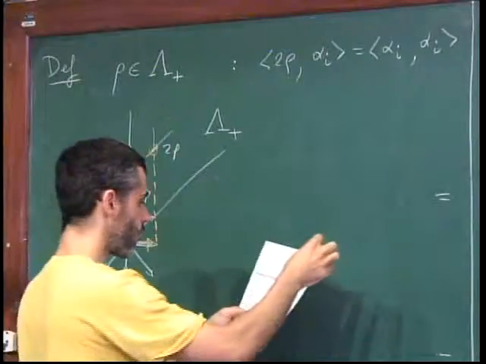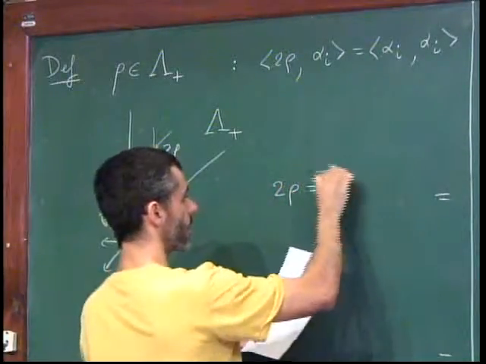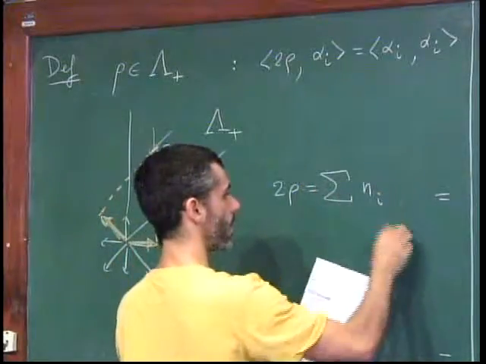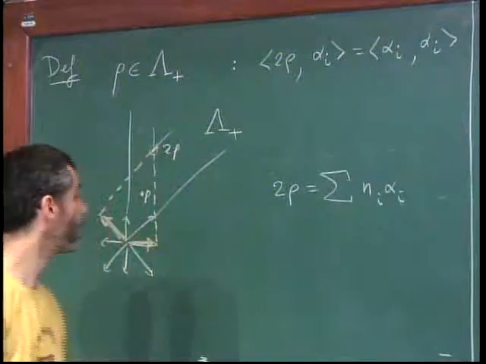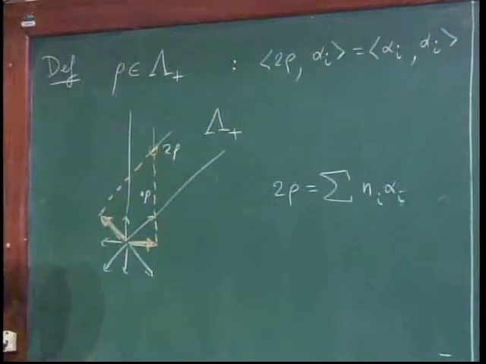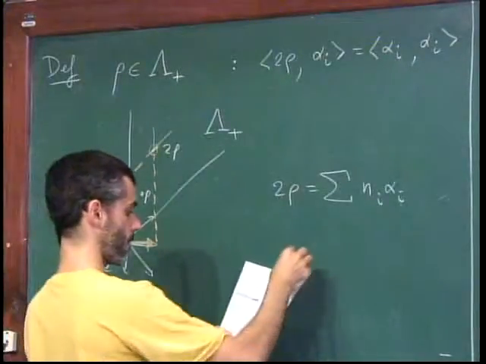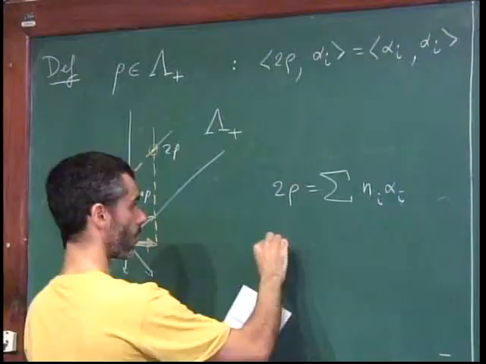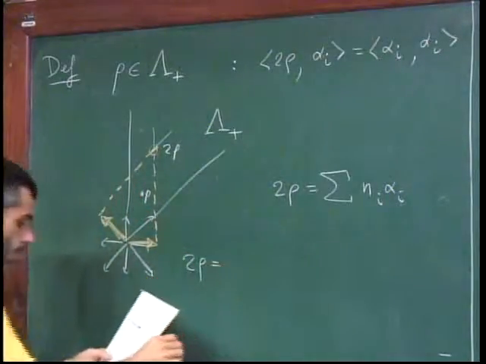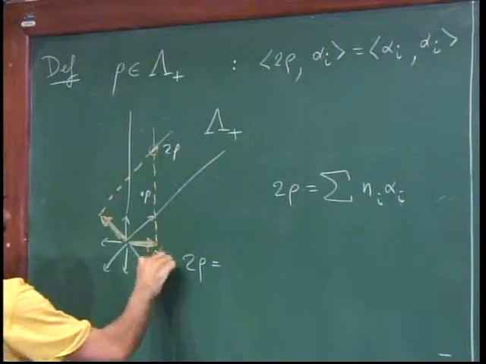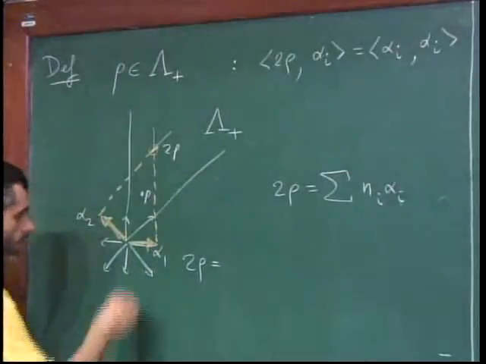So let's write 2 rho as a linear combination of simple roots. So in this particular case, we would have 2 rho equals, if I call this one alpha 1 and that one alpha 2, let me draw some of the things on the lattice.